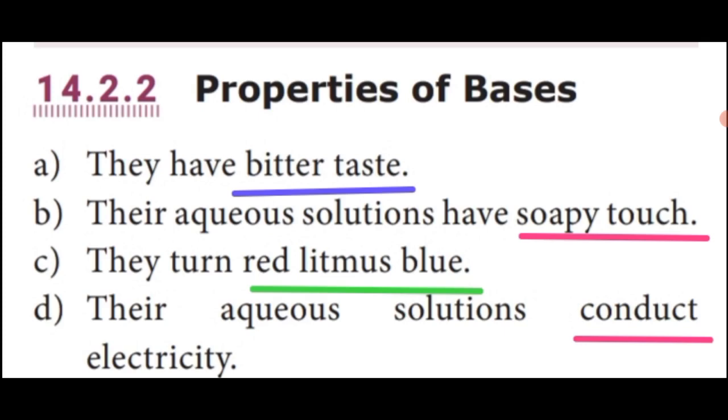Third, they turn red litmus blue. The red litmus paper changes into which color in a base? Blue. The fourth property, their aqueous solutions conduct electricity. A base dissolved in water gives an aqueous solution that conducts electricity.